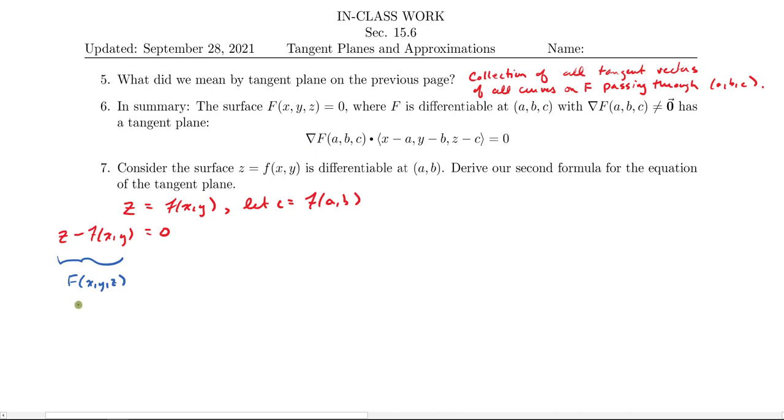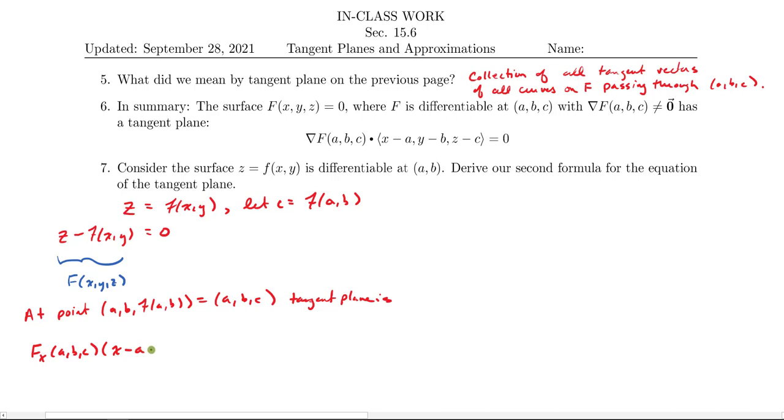So using this formula, at the point (a, b, f(a, b)), which is the same thing as the point (a, b, c), we know using that formula that the tangent plane is F sub x of (a, b, c) times x minus a, plus F sub y of (a, b, c) times y minus b, plus F sub z of (a, b, c) times z minus c, needs to equal 0.